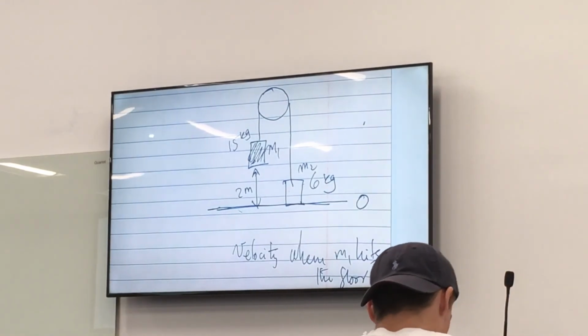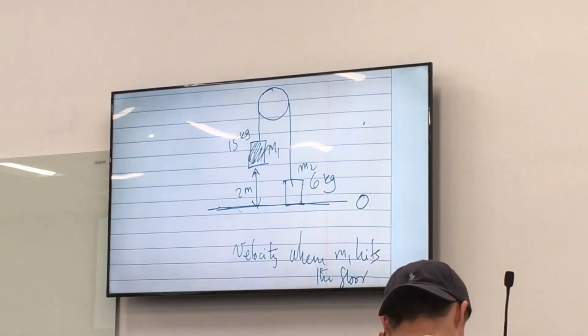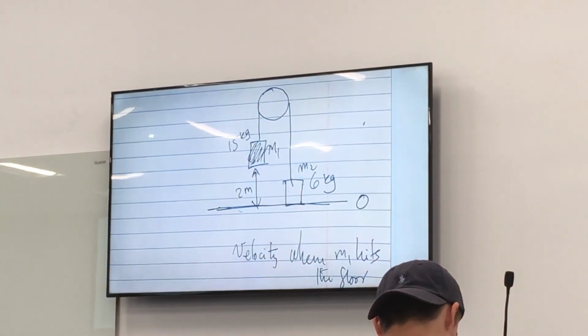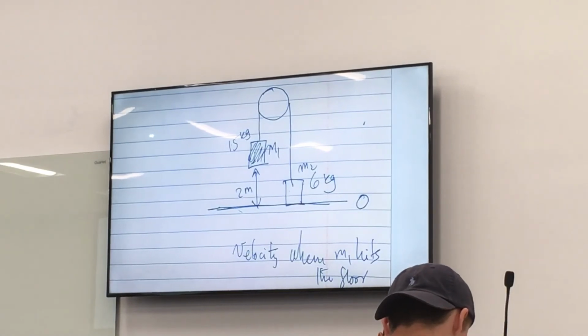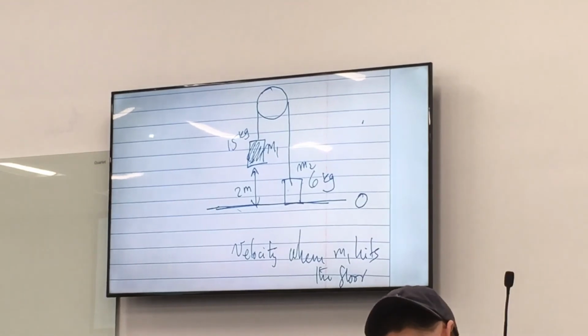So which one has potential energy, which one does not? The 15 kilograms has potential energy because it has potential to do work. It has potential to fall. So that one would be M1 g y. Y here is 2 meters.